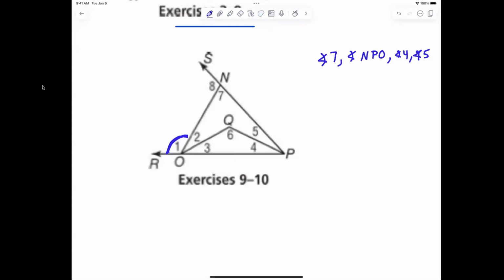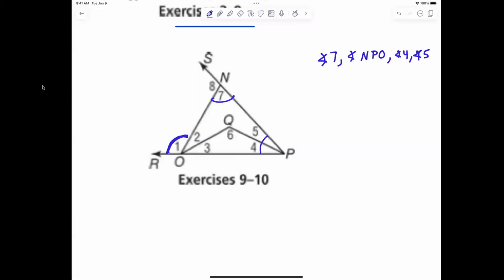Now, I'm trying to convince you there's nothing I can say about 6. Now I have this angle broken down. Is there anything else that anybody put that they'd like me to double check? Everybody's good? Tell me, is angle NPO all the angles added up? 5 and 4.